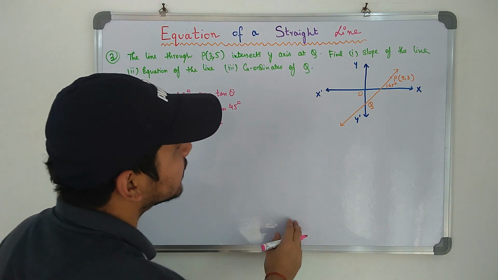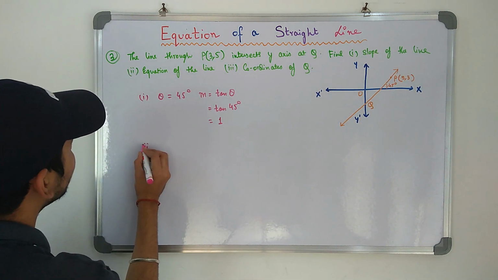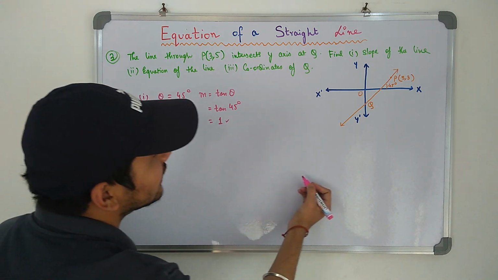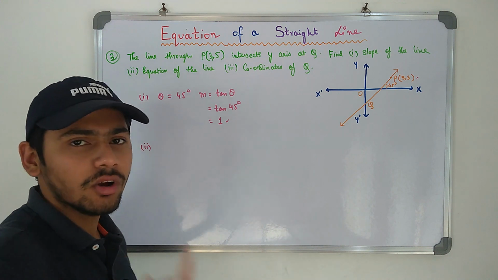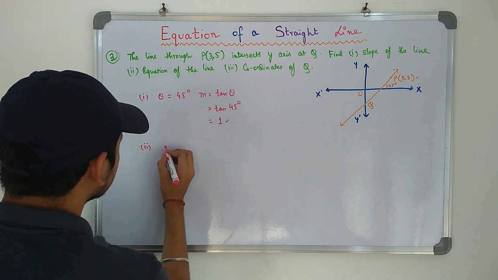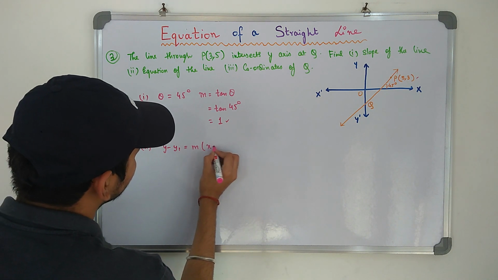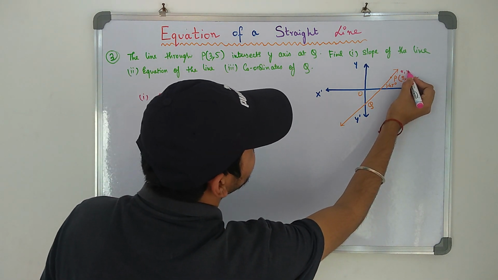So the slope of this particular line is 1. In number 2, we have to find the equation of the line. Now we know the slope of the line and that the line is passing through P(5, 3). We can use the one point form, which is y minus y1 is equal to m into x minus x1, where x1, y1 is the coordinates of P.